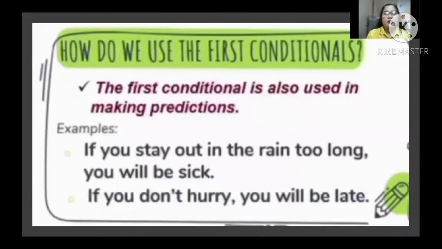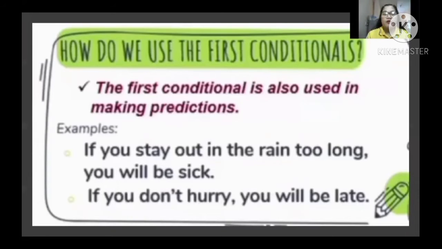So what are the other uses of the first conditional sentence? The first conditional sentence is also used in making predictions. When you say predictions, these are your wild guesses. So for example, if you stay out in the rain too long, you will be sick.